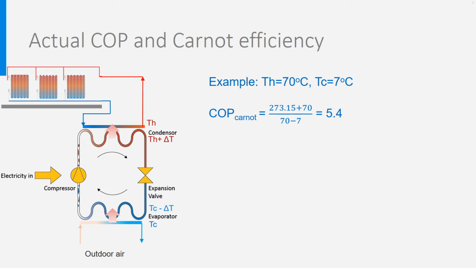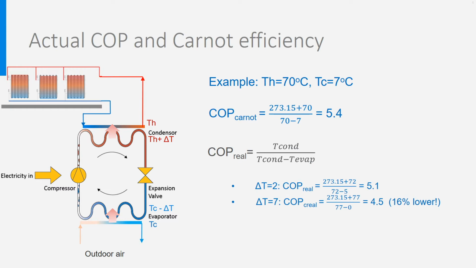In high quality or large heat exchangers, a temperature difference delta T of 2 degrees will be enough, leading to 72 at the condenser and 5 degrees at the evaporator, and the Carnot COP will then be 5.1. With lower quality or small heat exchangers, temperature differences of more than 7 degrees have to be used, and this would lead to a Carnot COP of 4.5.